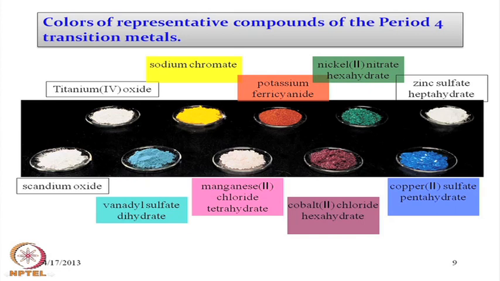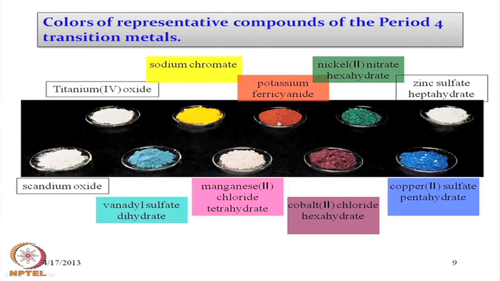But when we go for the corresponding chromium or vanadium salt, this is vanadium sulfate dihydrate, which is colored, and sodium chromate is also colored. Then manganese 2 chloride tetrahydrate has a very light color, light pink or light purple in solution. This color is very difficult to see when we dissolve it in water.